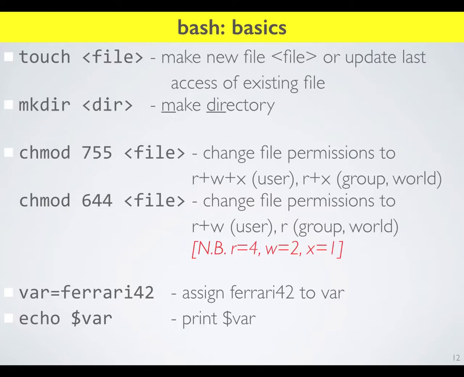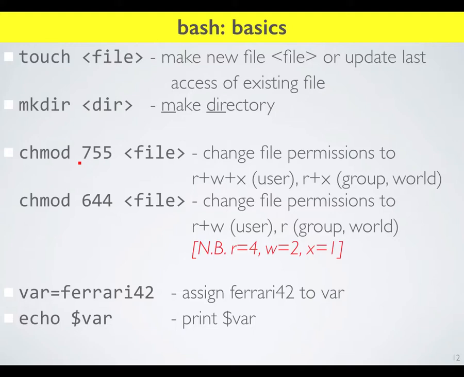Okay, and so how do you control the permissions to a file? Well, it's through this chmod command, change mode. And so this takes 2 arguments. The first is a 3-digit number, and the second is the file. And so the 3-digit number tells the operating system what permissions you want to attach to that file.